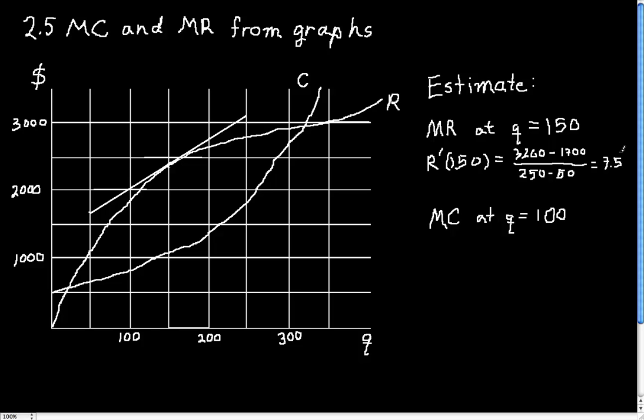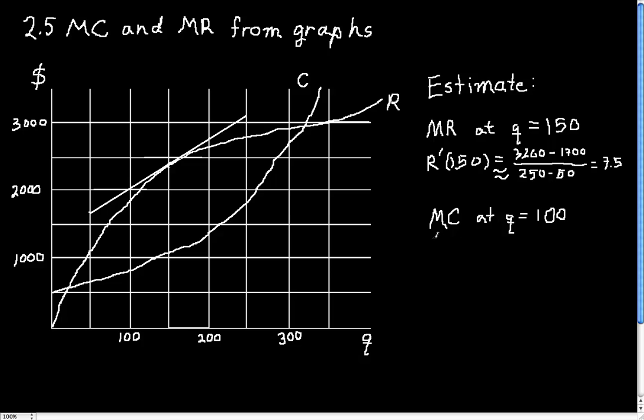Alright, so we're done with this task. The marginal revenue of the revenue represented by this curve at Q equals 150 is just about 7.5. Okay, and I suppose I should say that this is not exact, this is approximate, since we got this from a graph.